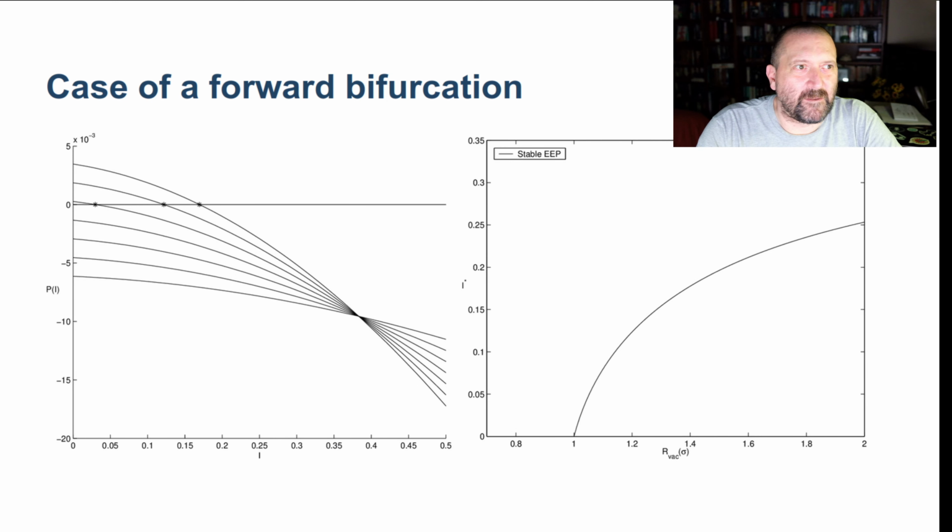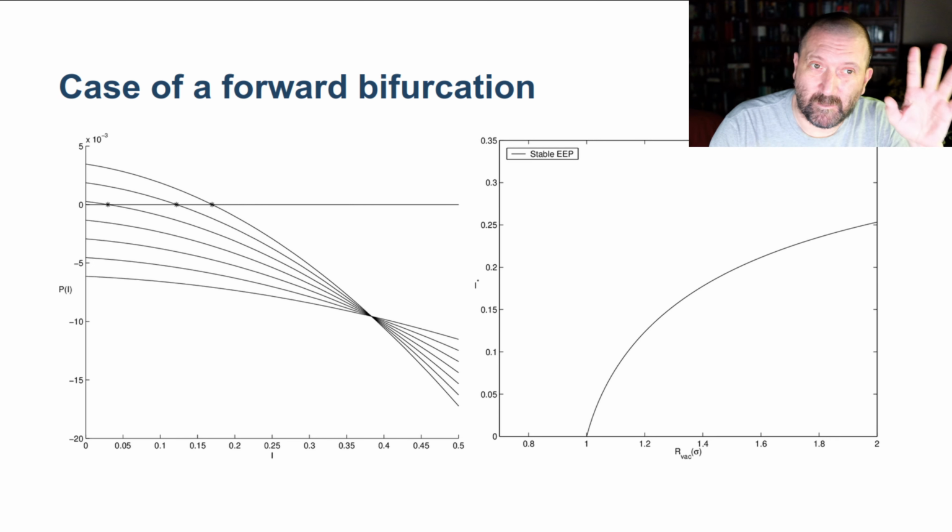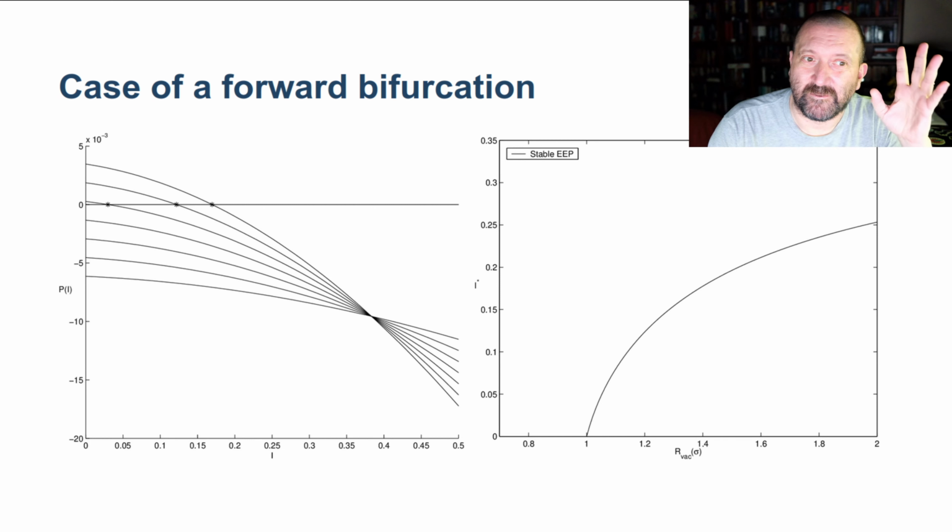If we have a forward bifurcation, what we've seen so far as being a classic bifurcation, that's what the polynomial looks like, and you can see that first of all there are no positive equilibria. Okay, so I'm looking for a positive value of the equilibrium for the number of infected.